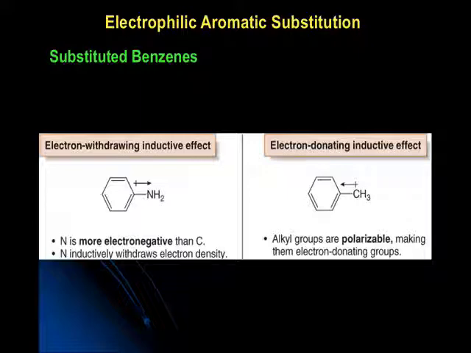A methyl group on an aromatic ring activates the benzene ring. Why? What is there about that methyl group that makes the reaction go faster? Okay. How? It's partially positive.